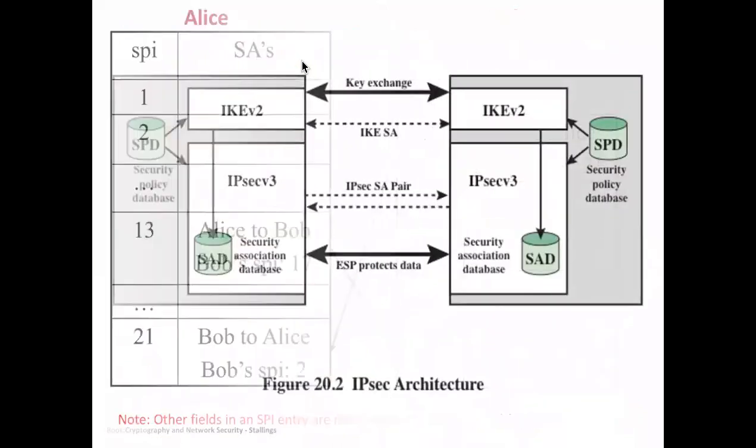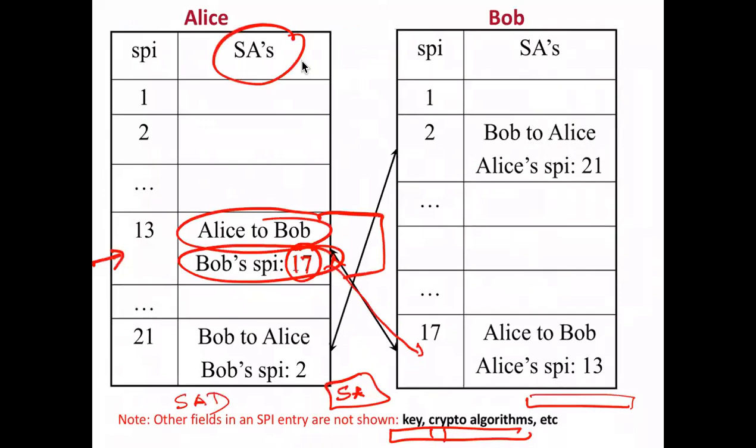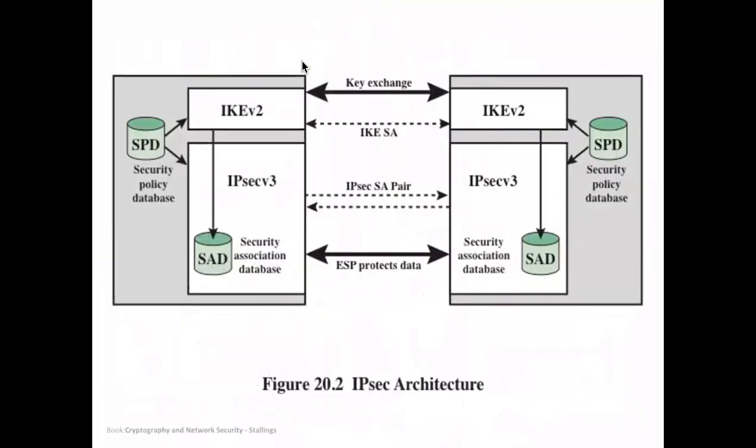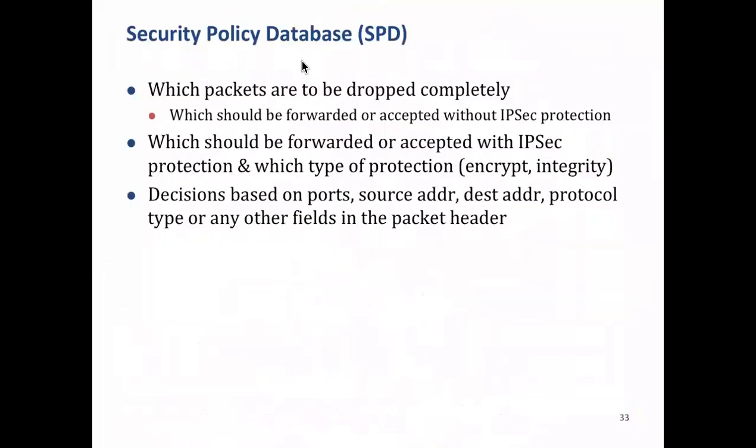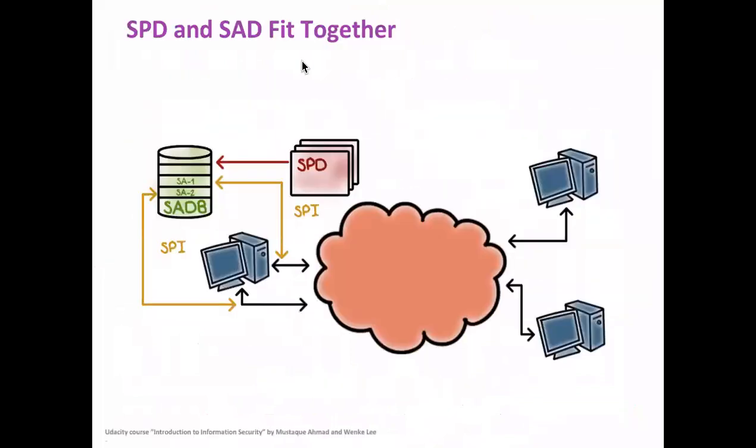So this simply shows that this kind of table, security association database, has got to be there at both ends. Okay, and this again shows the same thing, that through security policy database we come to security association database. We look at the details, what kind of crypto etc. we use on a packet by packet basis, and then transmit to other end. All right, any question?